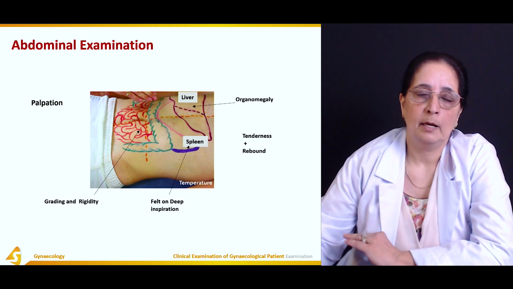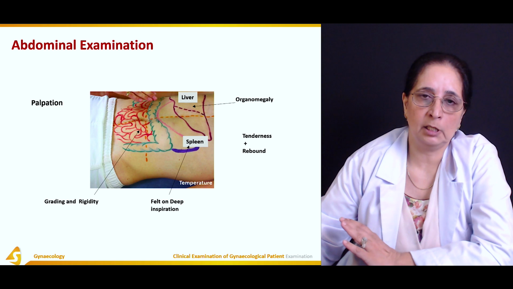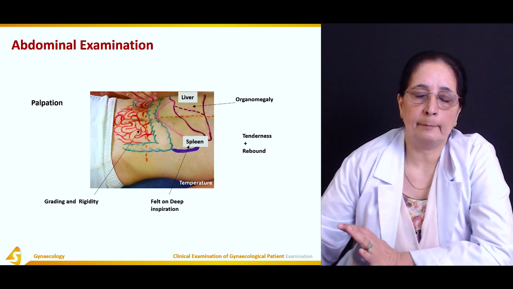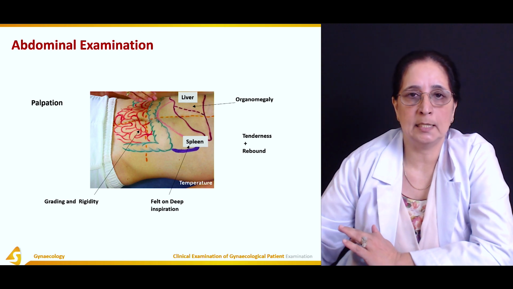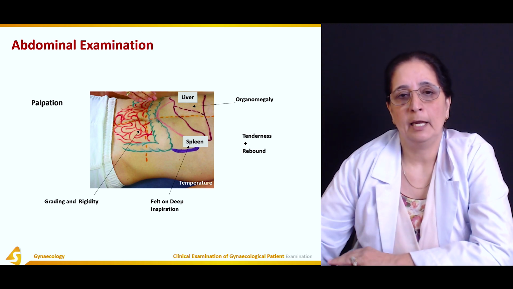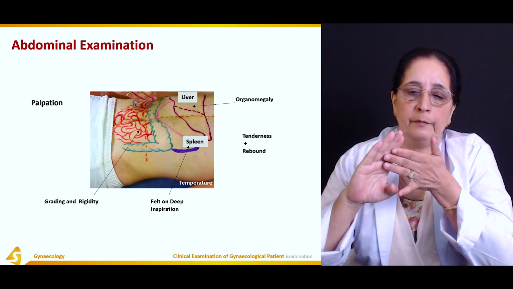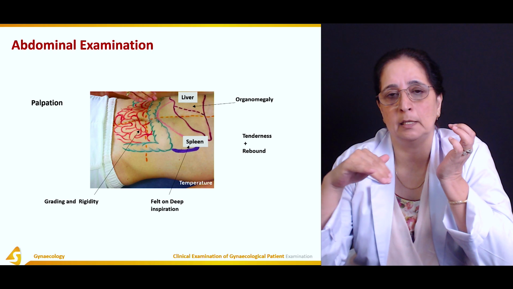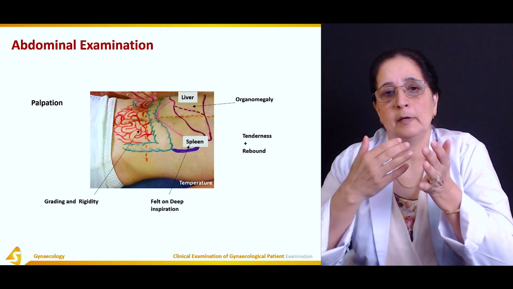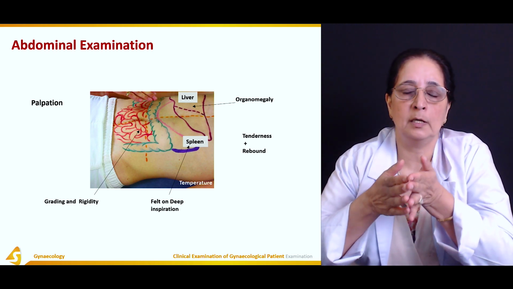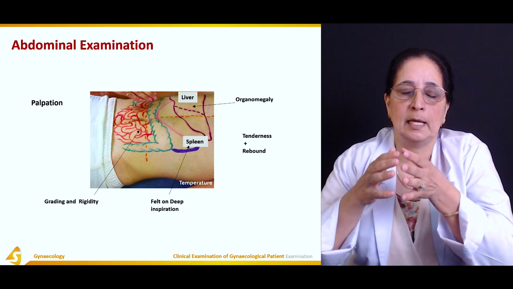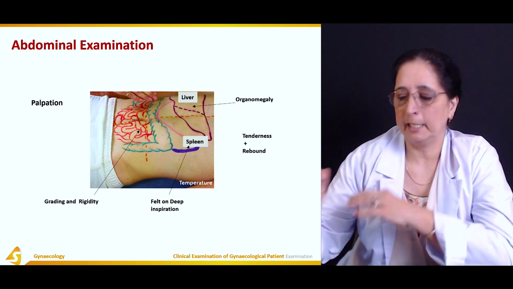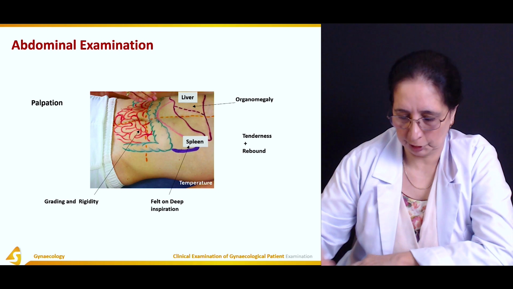And remember, the first step was inspection, when we examine the abdomen for different changes. The second step is palpation, in which we use the tips of the fingers to palpate the different organs in the abdomen, and if there is any enlargement of the organ, tenderness, or rigidity, we can tell that on palpation.